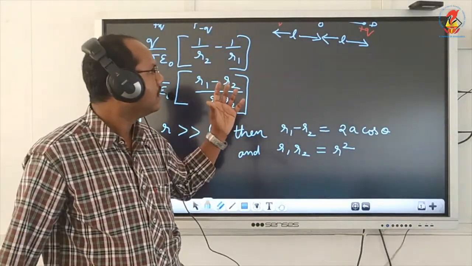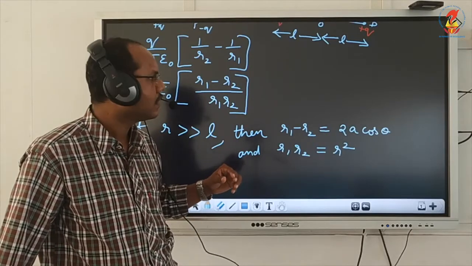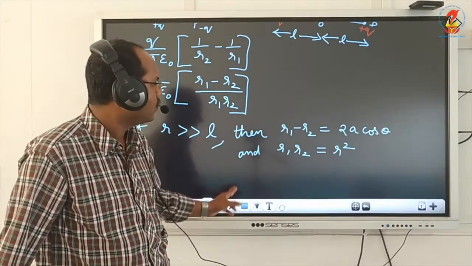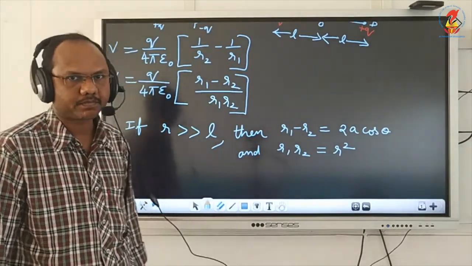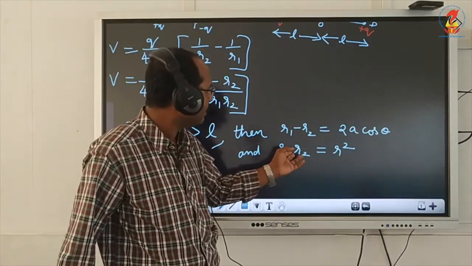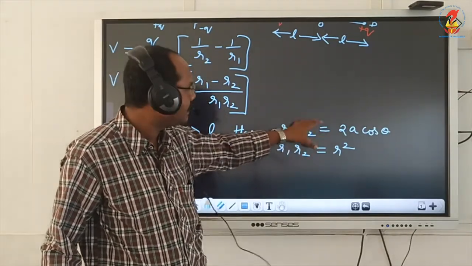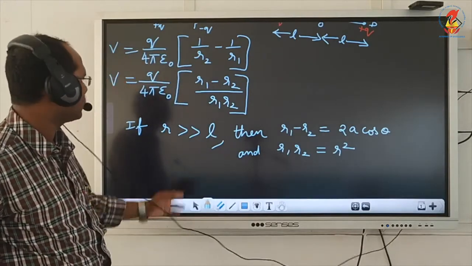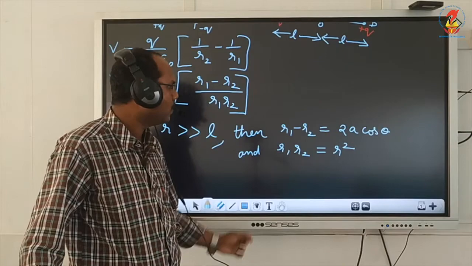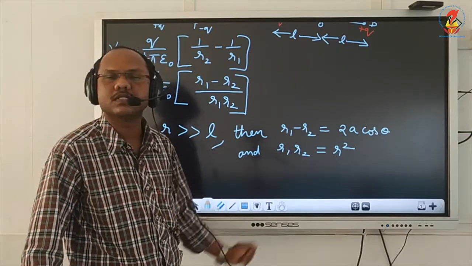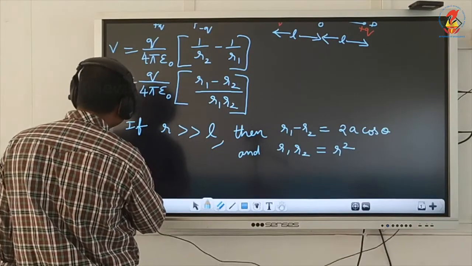We use the vector considerations and mathematical algebra and we are getting this, so we don't have to study how to get this, just memorize these two equations. If R is greater than L, R1 minus R2 is equal to 2a cos theta, and R1 R2 is equal to R square. So I substitute that here.